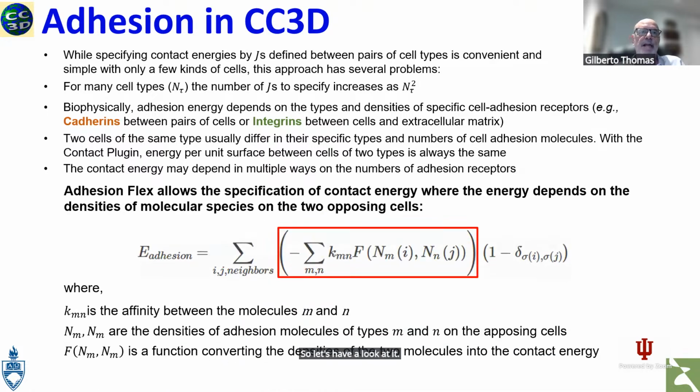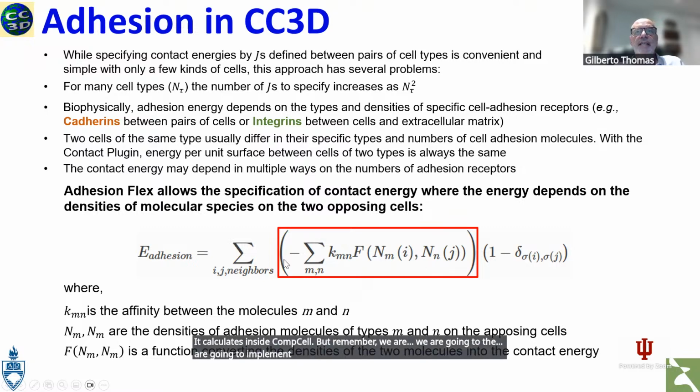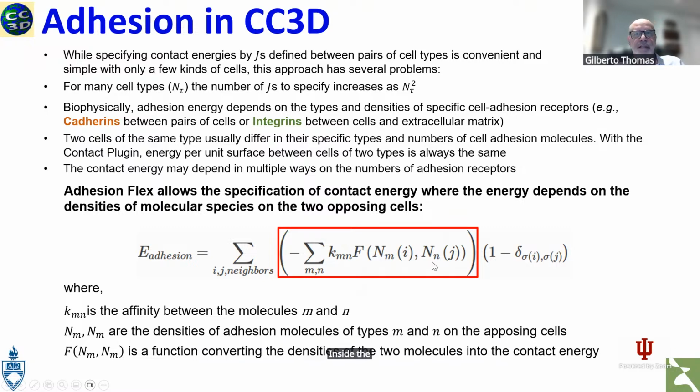This is the expression, the energy term, that the plugin calculates inside CompuCell. But remember, we are going to implement this part inside the head frame here. Okay, so we are replacing the J by this sum.